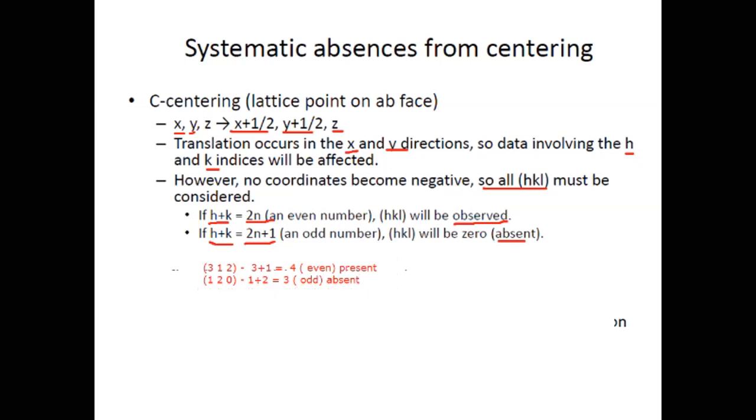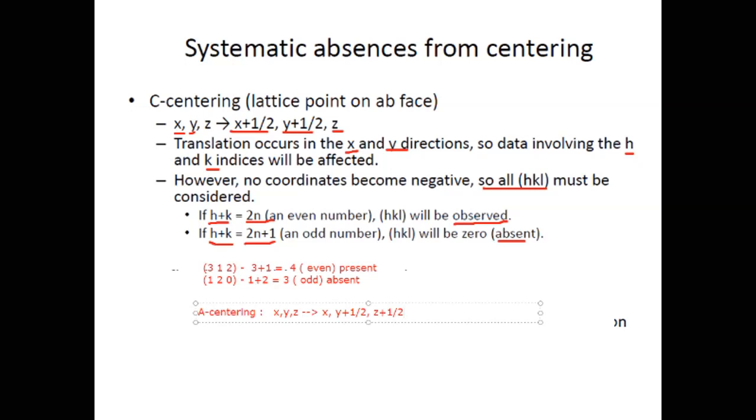Now, just to give you an idea of A centering, we have X, Y, Z. We get X, Y plus a half, Z plus a half. So here you notice that we translate along the Y and Z directions. However, X doesn't change.